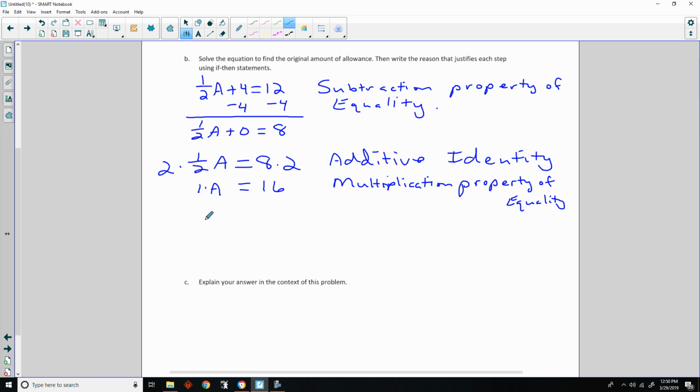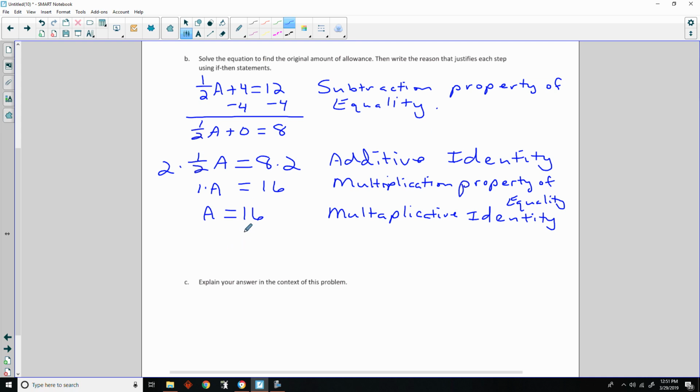Okay. And then 1 times A is simply A equals 16, and that is the multiplicative identity, because we multiplied both sides by 1, or 1 times anything is that anything.